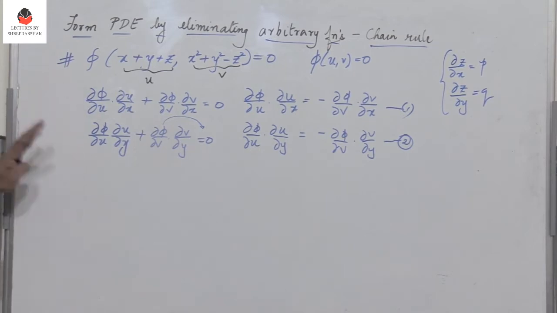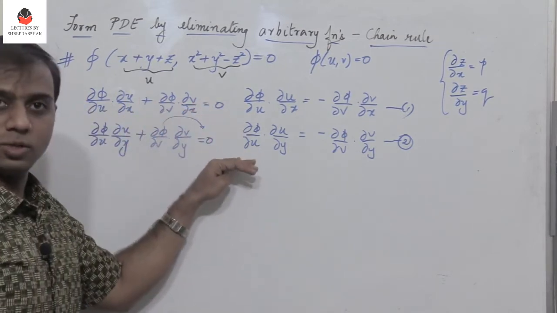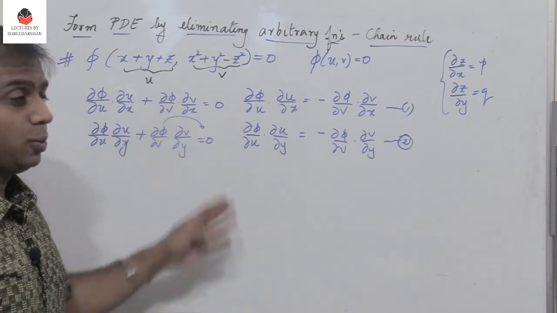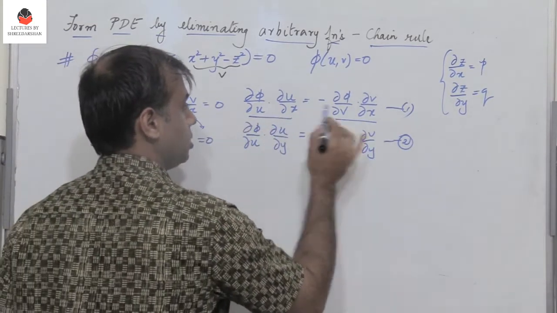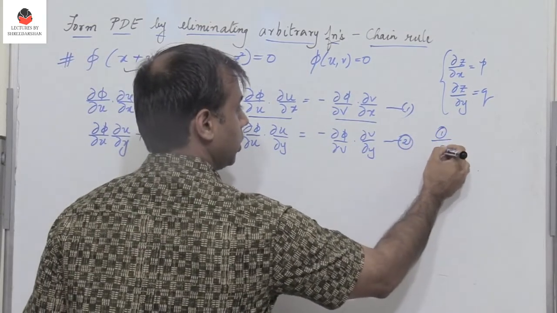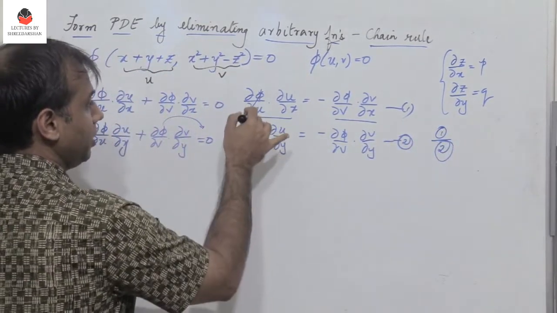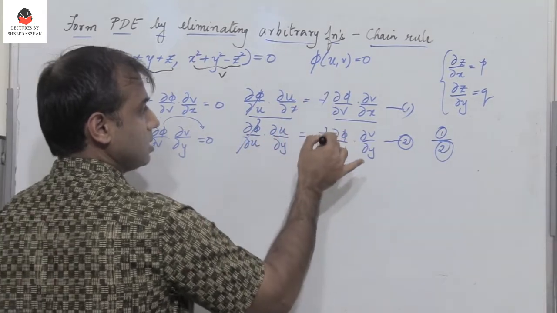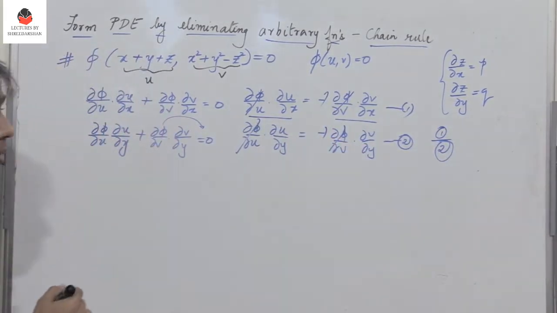Now in such problems, we have to do this using chain rule. The easier way is divide 1 by 2. So if I perform equation 1 by equation 2, what happens? Del phi by del u gets cancelled. Minus sign, del phi by del v also gets cancelled.